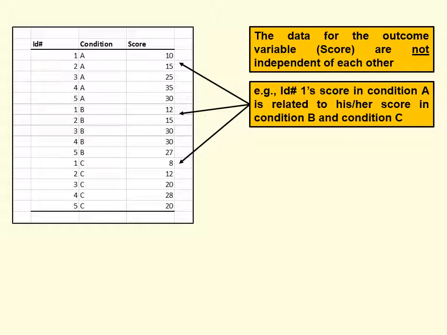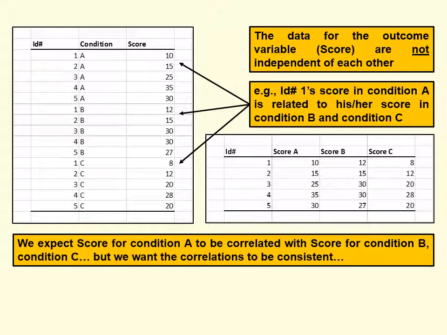I'm doing that deliberately just to show how you can treat the same numbers in different ways depending on the type of study that you did to yield those numbers, whether an independent design or a dependent design. So again, here's our long format data.